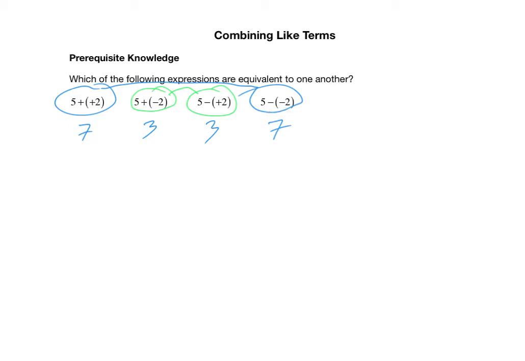Though not scientifically rigorous in nature, it's a good way to help you remember that adding a positive number is equivalent to subtracting the negative version of that same number. And similarly, if you add on a negative number, that's the same thing as subtracting a positive number. These basic ideas from arithmetic play a very important role in combining like terms, as you will see very soon.